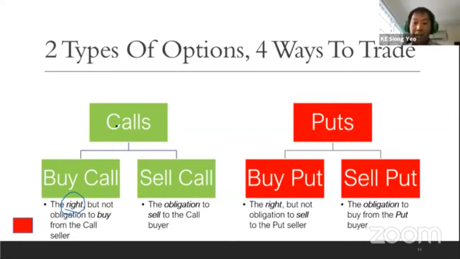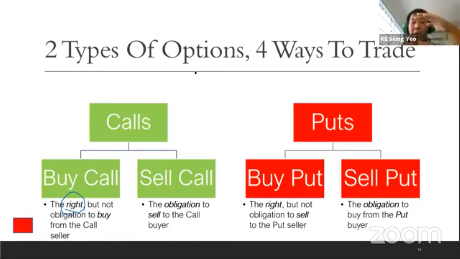So puts, what about puts? Same thing. If you're a buyer, you have bigger power in that sense. You have the right but not an obligation to sell the stock at the price that you agree with your counterparty, the put seller. So if you remember the Coca-Cola example, let's say Coke stock is, hypothetically, $30.